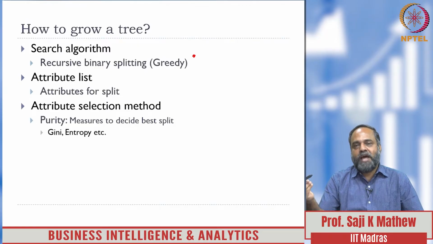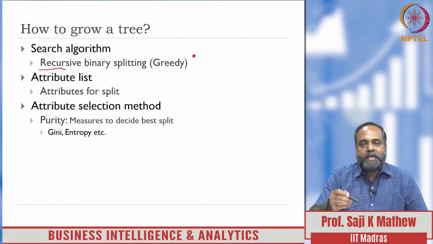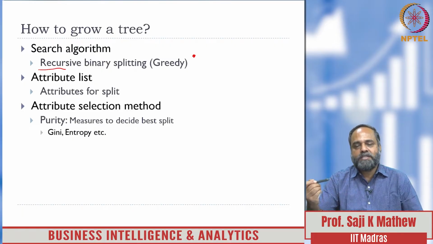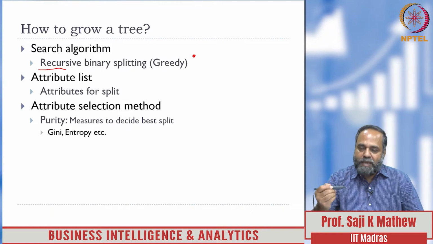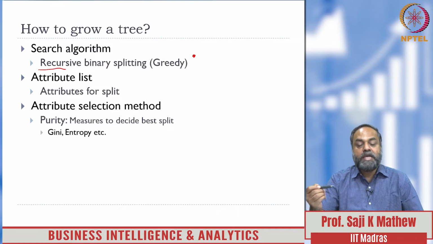We have seen that the objective is to create more homogeneous subgroups than the parent node, and the decision tree would do this in multiple steps till you get reasonably sized, reasonably homogeneous leaf nodes. So the same search algorithm will be repeating from step to step, and therefore it is recursive in nature because it's the same set of steps.